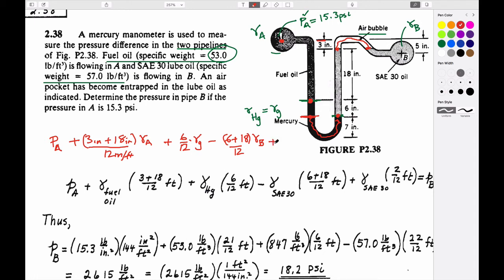We're going down, so it's 5 inches minus 3 over 12 times the unit weight B. And I've run out of space. But this is equal to PB. And so this is the thing that we want. And we're actually arranged in the right terms to do that. We know that this is equal to 15.3 psi.